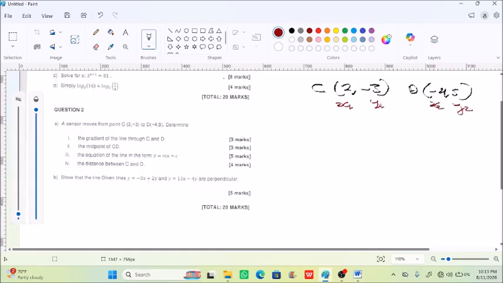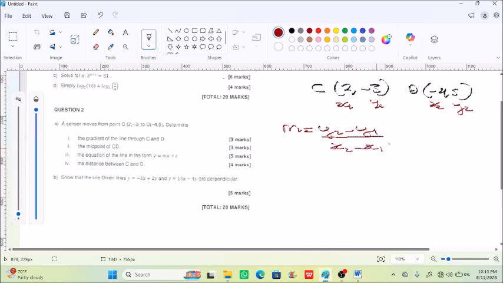From there now, what do we do? The question says determine the gradient of the line CD. So how do you determine the gradient? Gradient is represented as M. So M is equal to y2 minus y1 over x2 minus x1.